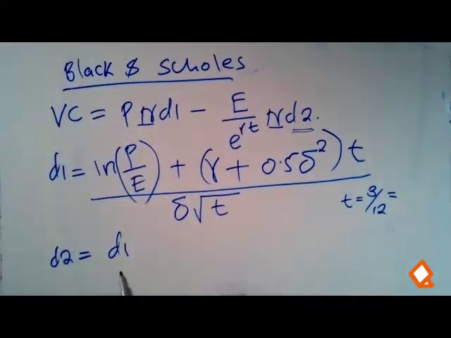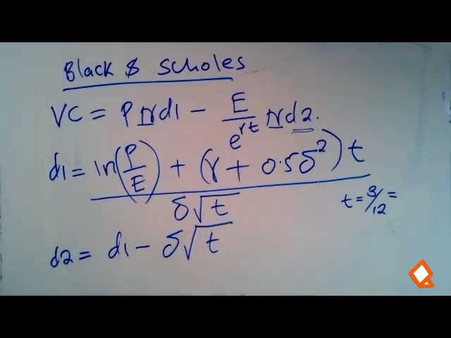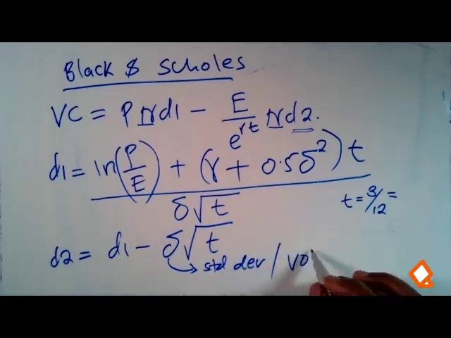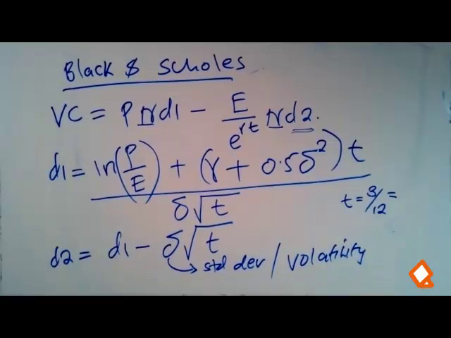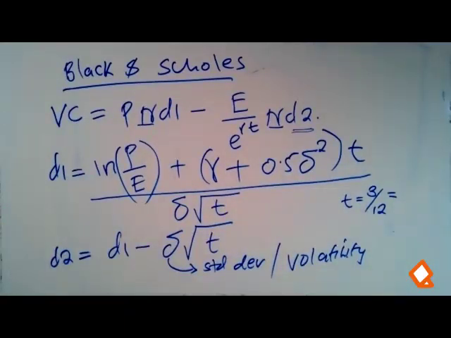You take d1 and subtract the denominator of d1, that is, the standard deviation times the square root of T. This standard deviation is also known as volatility. So that's all about Black-Scholes. You need to know how to get the value of the call, N(d1), how to get d1, how to get d2, and also how to value the call option and the put option.